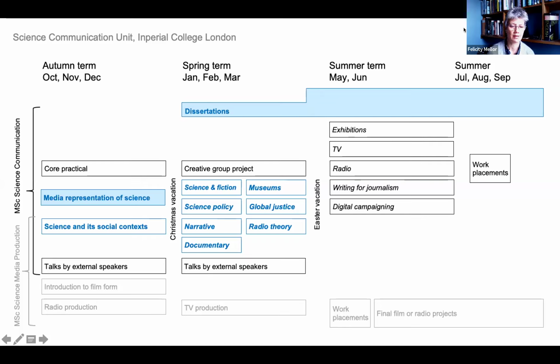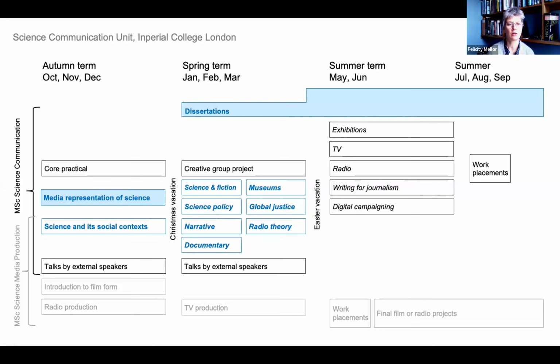It's shown at the bottom of this diagram, and the modules I've greyed out are ones which are taken only by those students. You'll see there's also some shared modules in the middle there, and the programme I'm going to talk about more is the MSc in Science Communication. So that course has about 35 to 40 students each year.